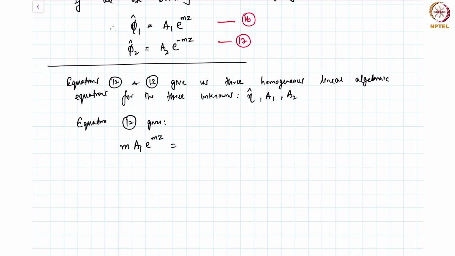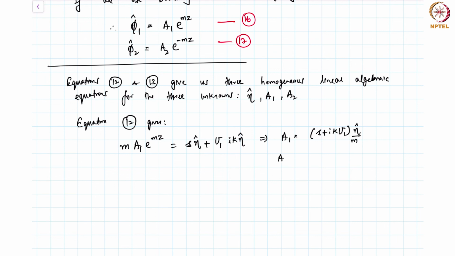The right hand side is del eta by del t, that is s times eta hat, and I have u1 times del eta by del x, that is ik eta hat, and this essentially gives me a1 in terms of the other parameters: (s plus ik u1) times eta hat by m.